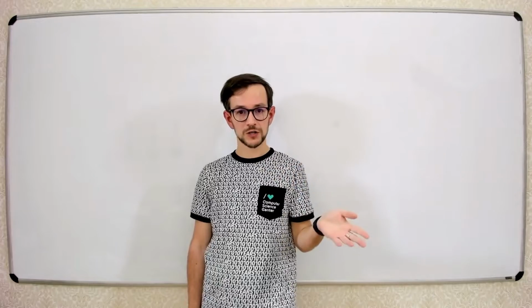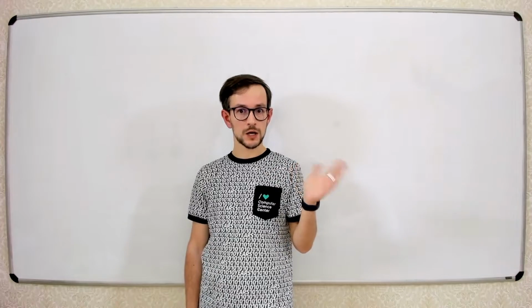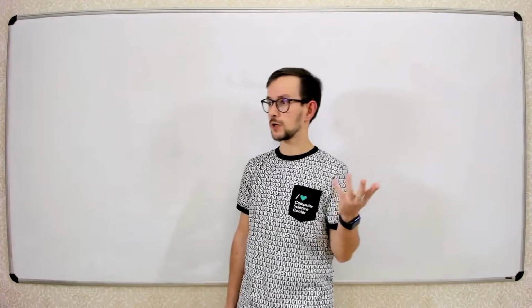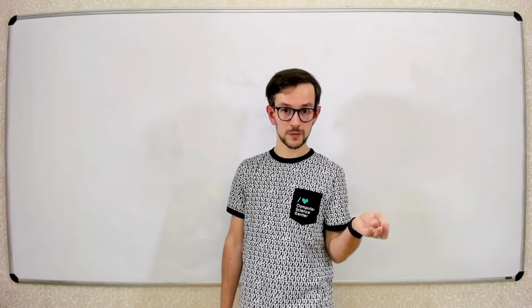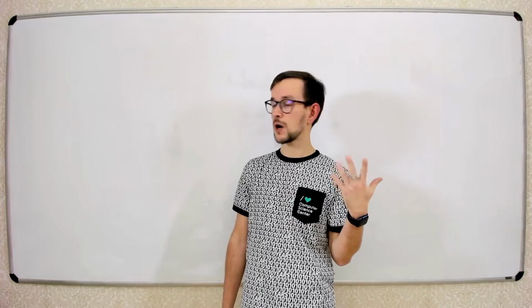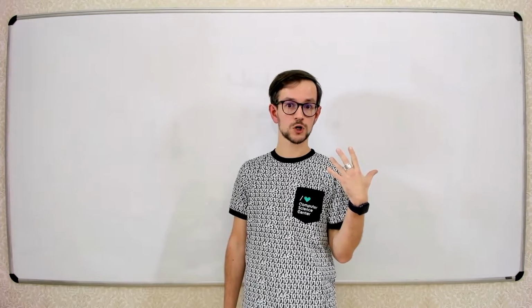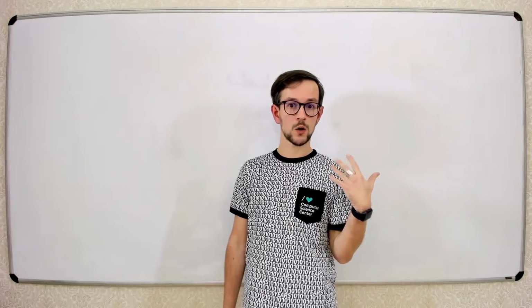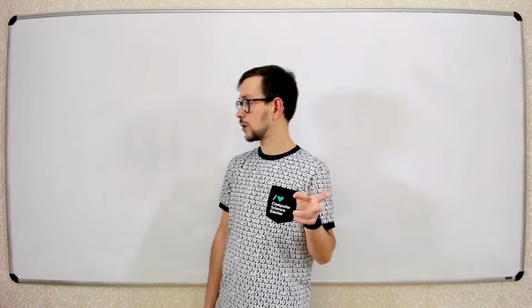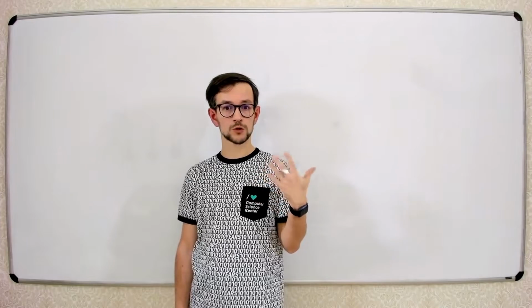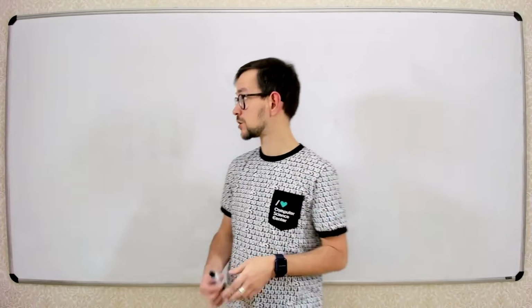Today we continue to talk about shortest paths. Last week we talked about breadth-first search and Dijkstra's algorithm, and these two algorithms were used for the shortest path problem when all weights are non-negative. And today we'll talk about how to solve this problem if you have negative edges.